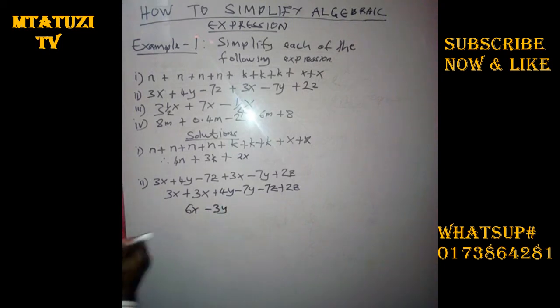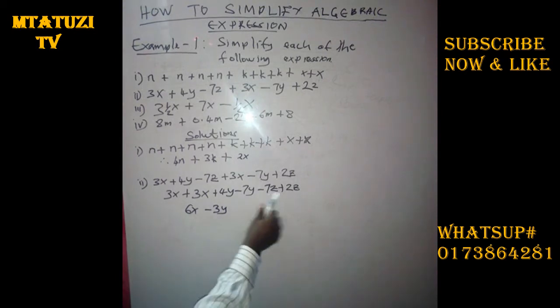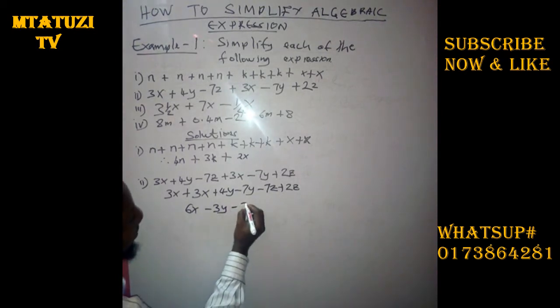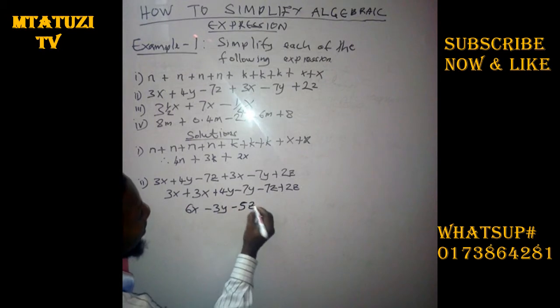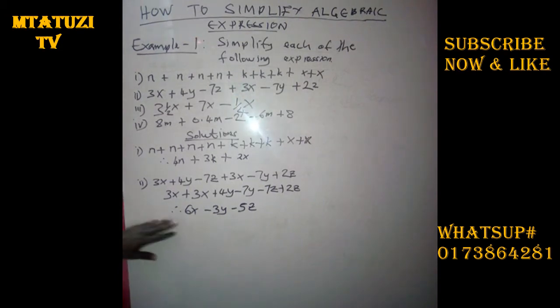The last one: negative 7z plus 2z, you get negative 5z. So there you have finished simplifying question number 2.